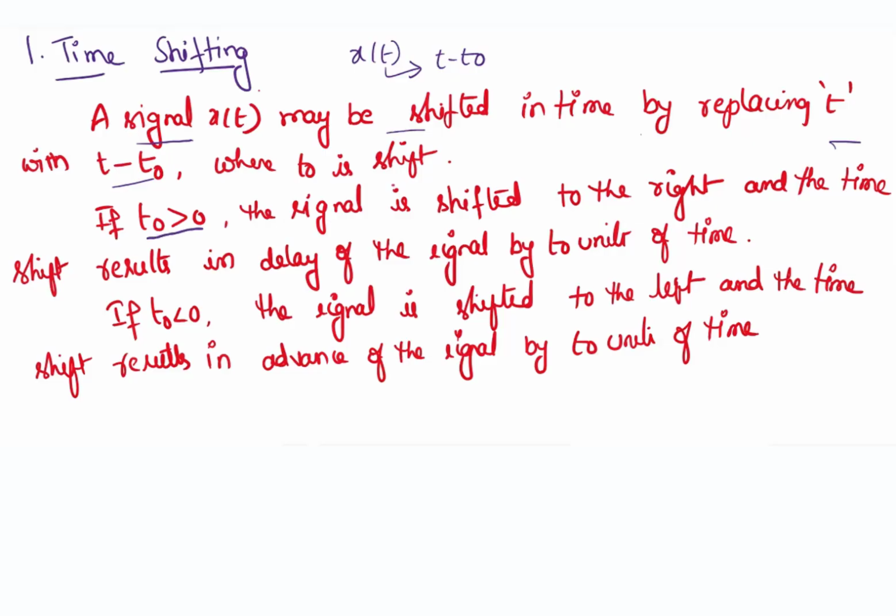If t naught is greater than 0, like t minus 2, then the signal is shifted to the right and the time shift results in delay of the signal by t naught units of time. If t naught is less than 0, the signal is shifted to the left and the time shift results in advance of the signal by t naught units of time. I'll explain through a graph.